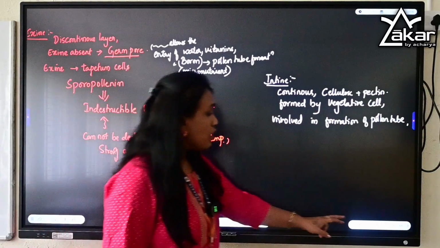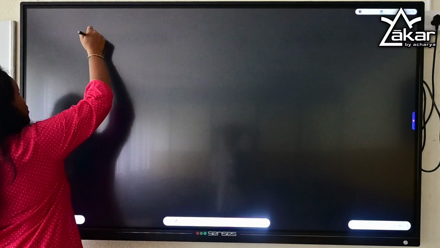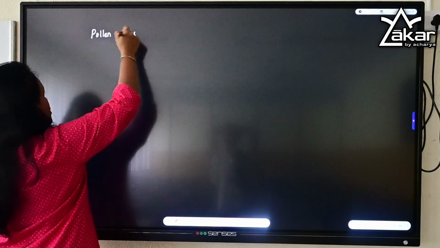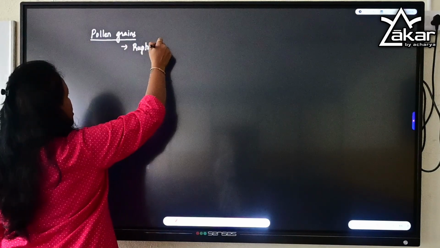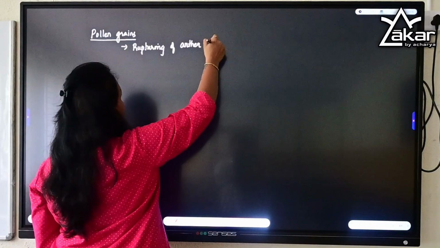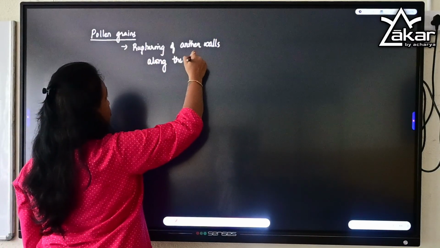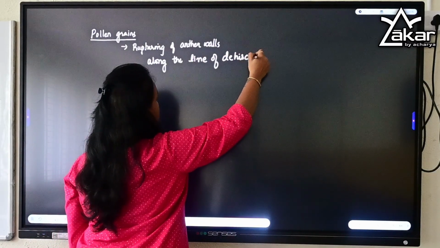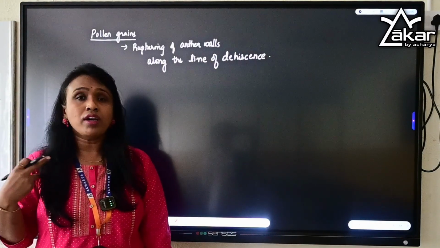Next, as soon as pollen grains are formed, there is a rupturing of the anther walls along the line of dehiscence. So what is dehiscence? It is the breaking of the wall due to hydration.